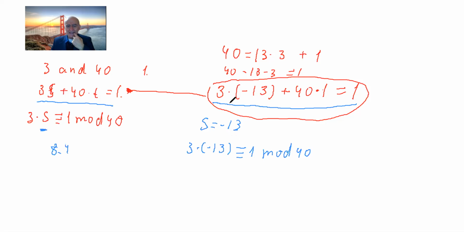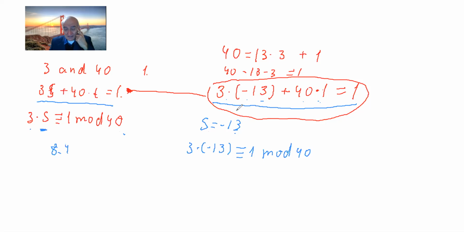And any idea how to find a positive inverse? I hope we all agree that minus 13 is the inverse of 3 modulo 40. Why? Because here we have the representation 3 times negative 13 plus 40 times 1 equals 1.